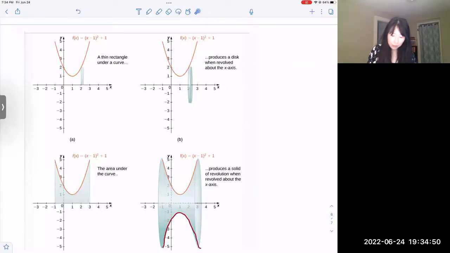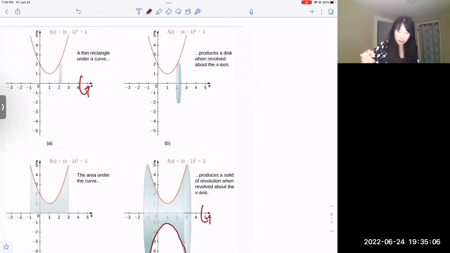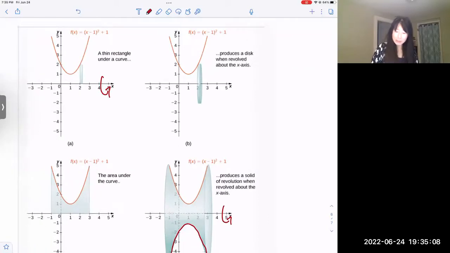This one reflects here about the x-axis, all right? So we call this the disk method. We're going to use just the name of the method when we find the volume, okay? So this is the disk method. All right, then let us do a problem.